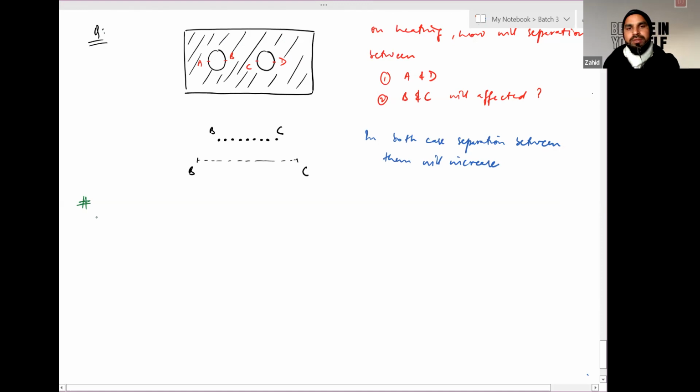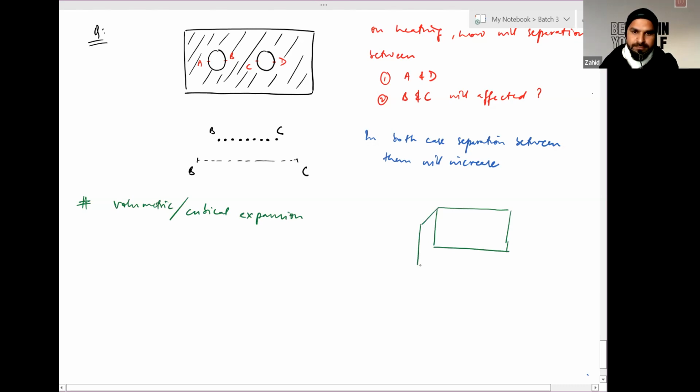Okay, similarly, we may define the third part, volumetric or cubical expansion. Suppose you have a cuboid having initial length L0, breadth B0, and height H0.